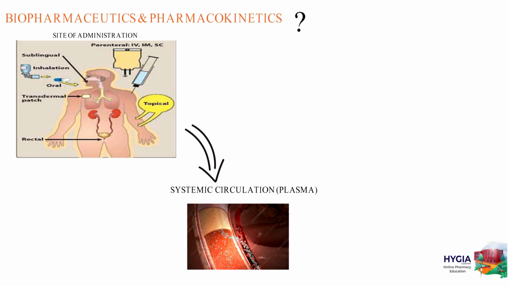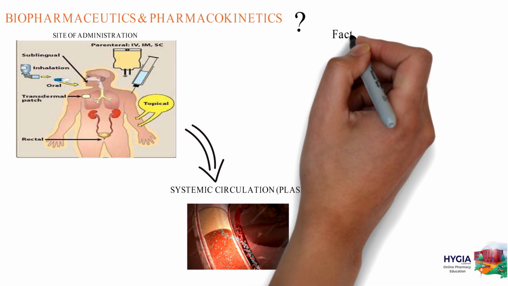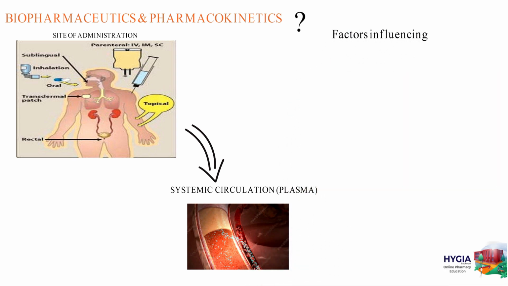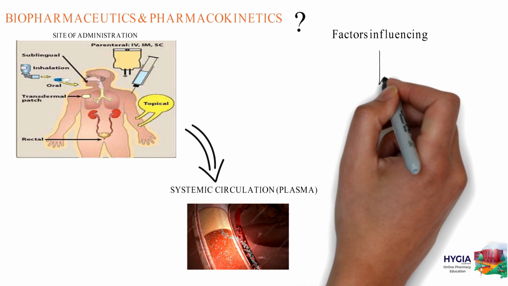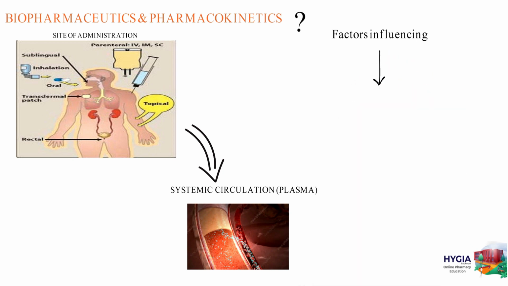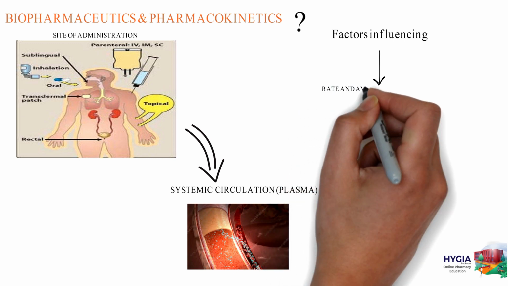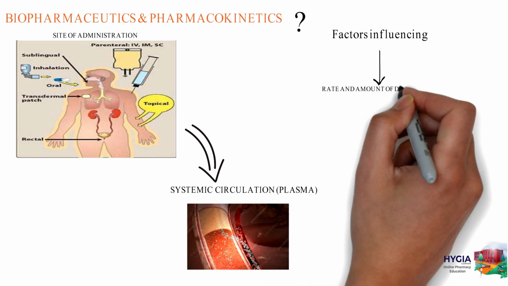So absorption in case of oral is dependent on several factors. There are various factors which influence the rate and amount of drug transport, and we utilize the study of these factors in order to optimize the therapeutic efficacy of the drug product.